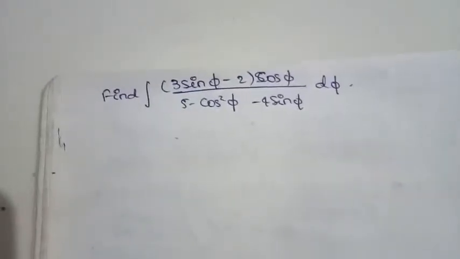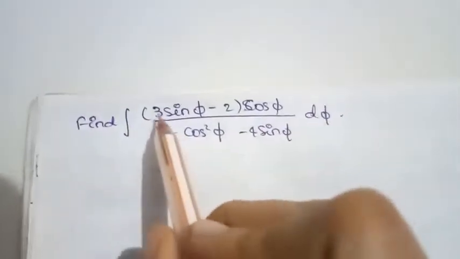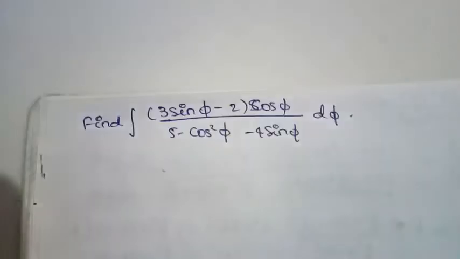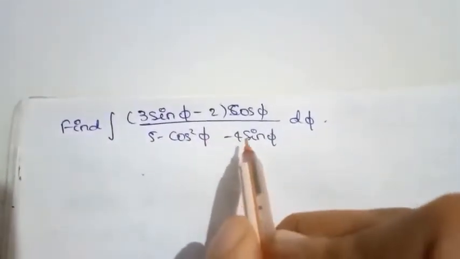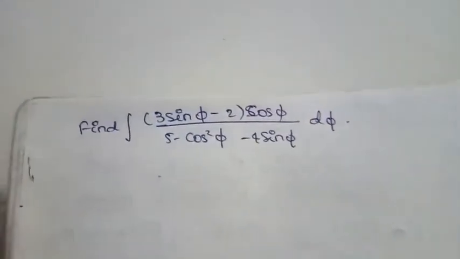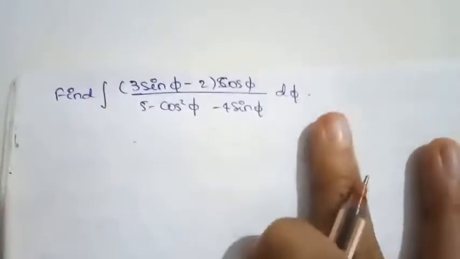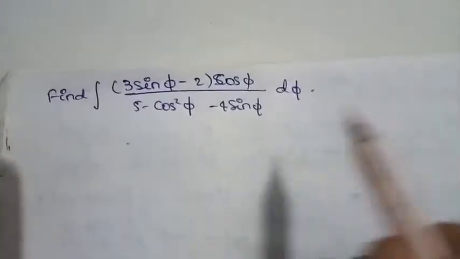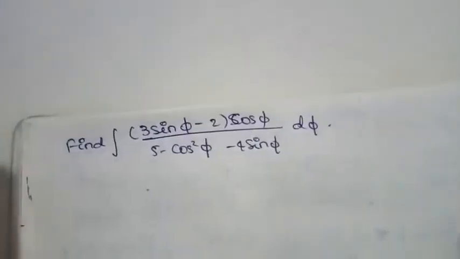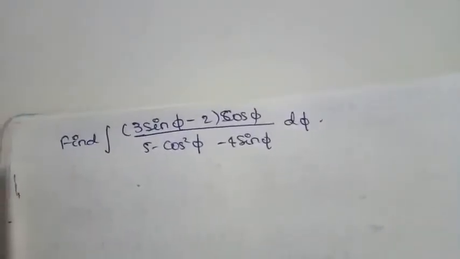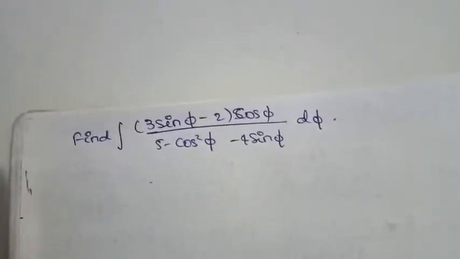So let us move to the next question, that is find the integral of 3 sine phi minus 2 cos phi divided by 5 cos square phi minus 4 sine phi d phi. So we need to find the integral of this one. In our previous method, we saw that we used the substitution just in the partial fraction step itself.